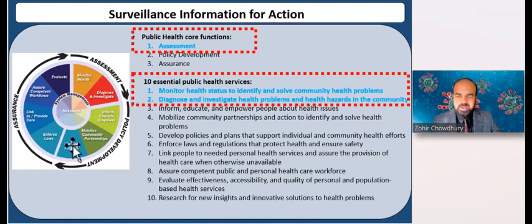The multicolored pieces in the center represent the 10 essential public health services. Surveillance activity occurs as part of the assessment pieces, monitoring health and diagnosing and investigating diseases or health problems.